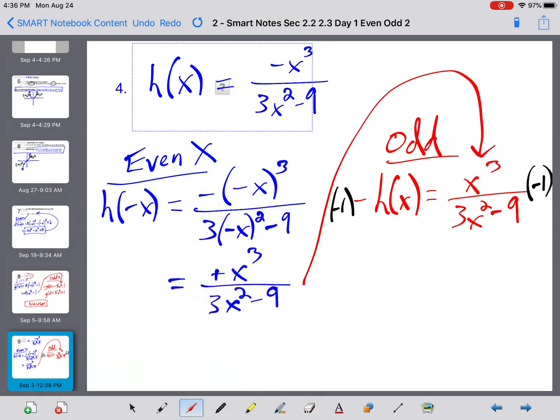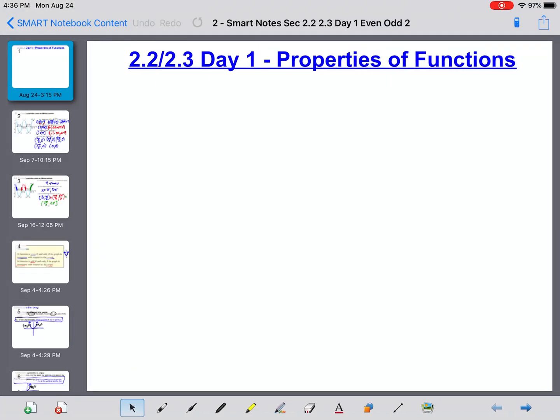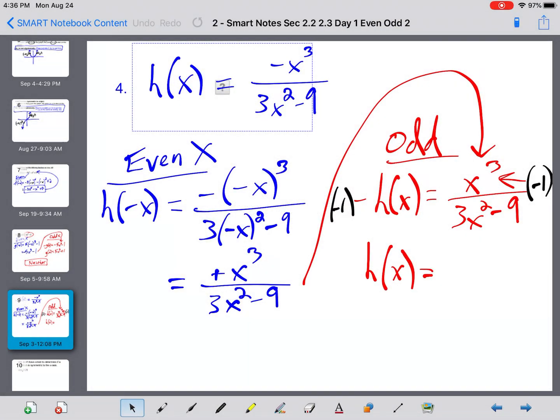When I do that to the left side, negative times a negative is a positive, so I get h of x. But look what happens over here on the right side. This is where you got to be careful with your algebra. When I multiply a fraction by a negative, that negative can't go to the top and the bottom. A -1 over a -1 is actually a positive one. So I've got to pick where that negative is going to go.